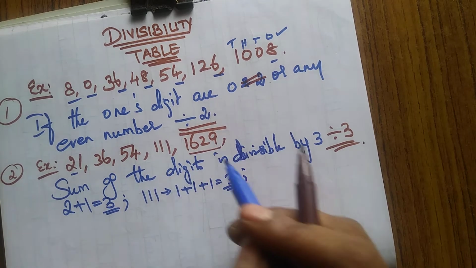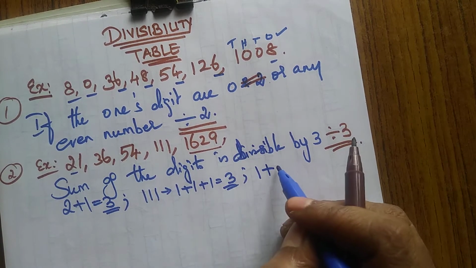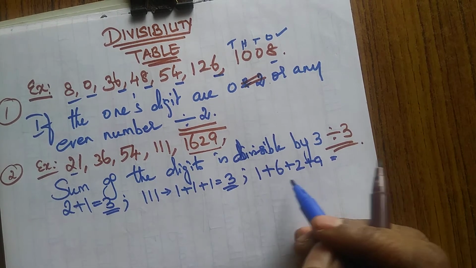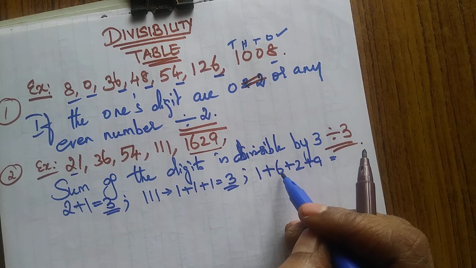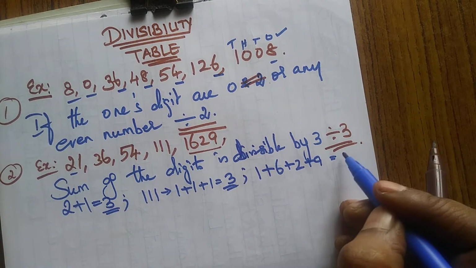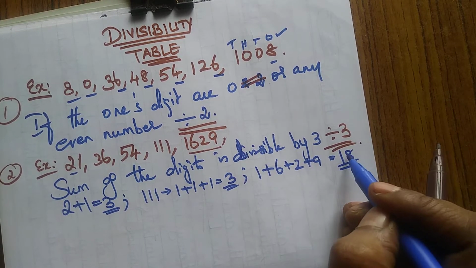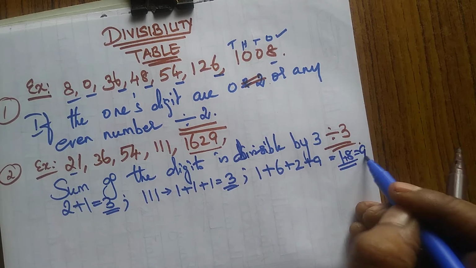And we will do a higher number. 1629: you sum up 1 plus 6 plus 2 plus 9. What is the answer, children? 9 plus 2 is 11. 11 plus 6 is 17. 17 plus 1 is 18. You can even add again: 1 plus 8 is nothing but 9.